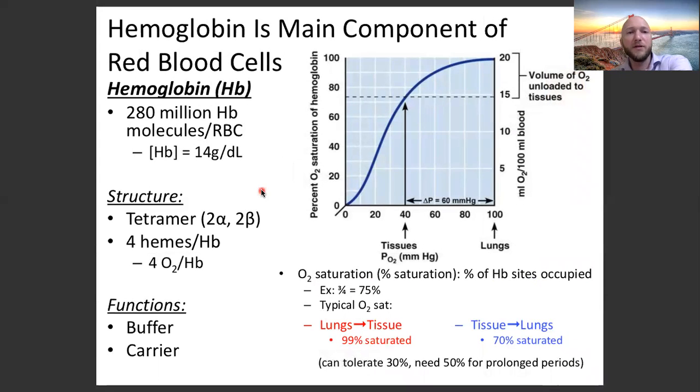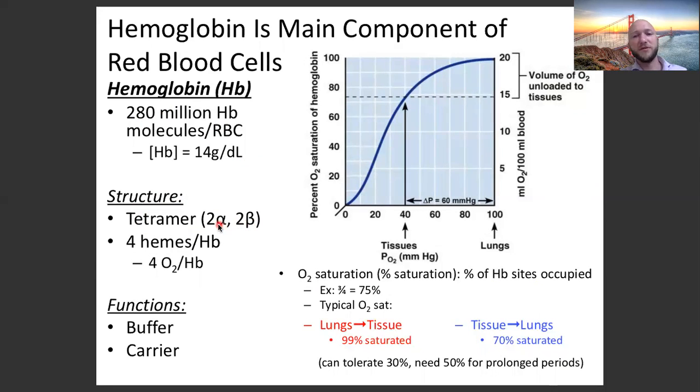All right, so hemoglobin is the main component of red blood cells. Hemoglobin: 280 million per red blood cell, about 14 grams per deciliter. Structure. This is still kind of review. It's a tetramer structure, 2 alpha subunits and 2 beta subunits.